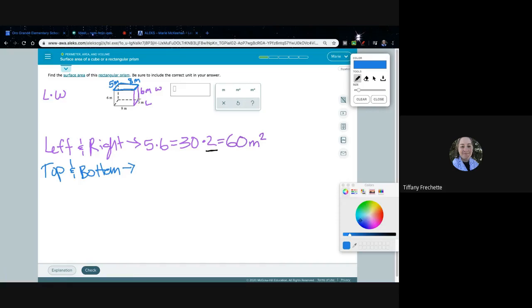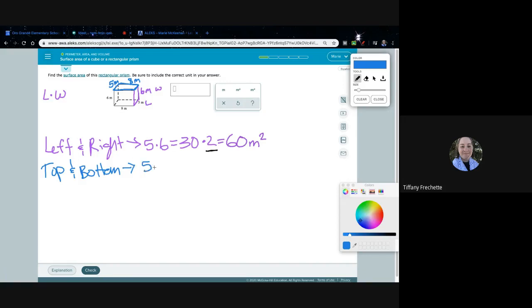I can't go from the bottom side on the right to the bottom side on the front. Those are different lengths. But around the box will be the same width of the box. Or depth, I guess you could think of that as depth because that's how deep the box is. And then the 8 would be more like a width, how wide the box is. So it's going to be the same width all the way around the box. So we can transfer that around.